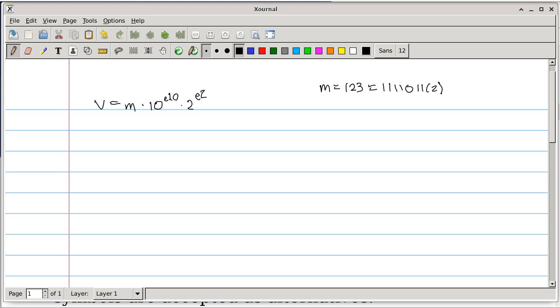That is not the problem, okay? M is not the problem because I can look at it as a binary number anytime I want to. So how did I do this conversion so quickly? 123 is an easy one to do because 127 is super easy.